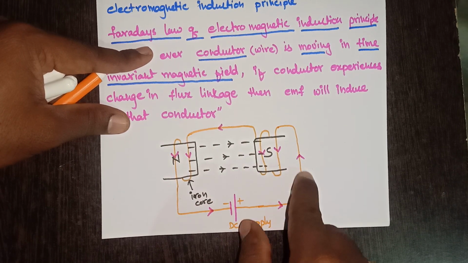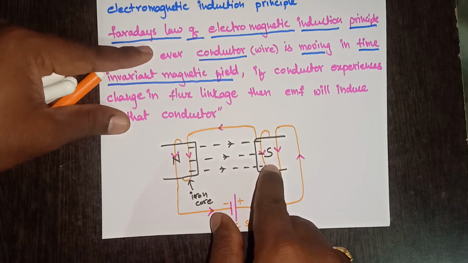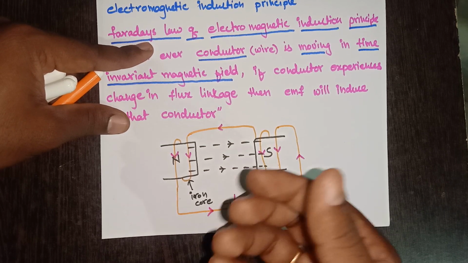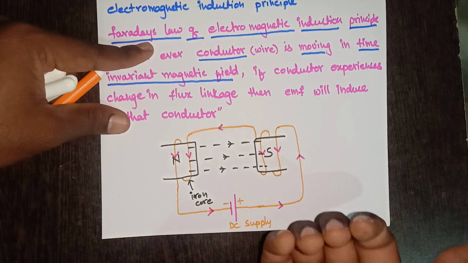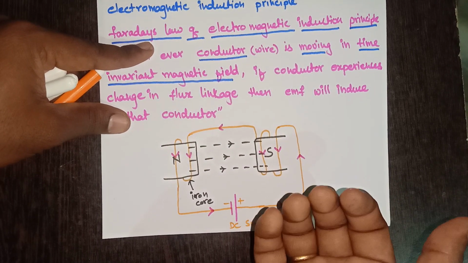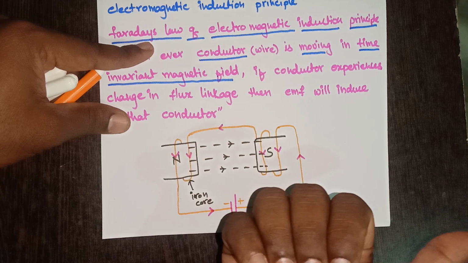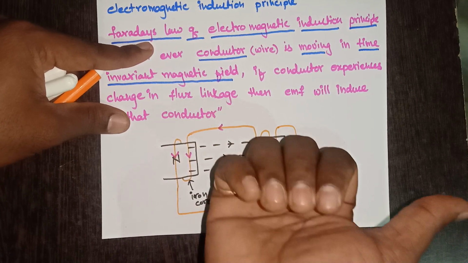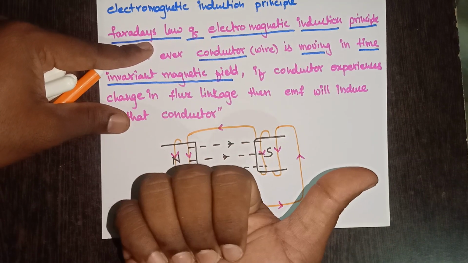So whenever current is flowing through this winding, what will happen? The winding acts as an electromagnet. Whenever it becomes an electromagnet, it produces flux lines, and the direction of those flux lines is identified by using the right hand thumb rule.